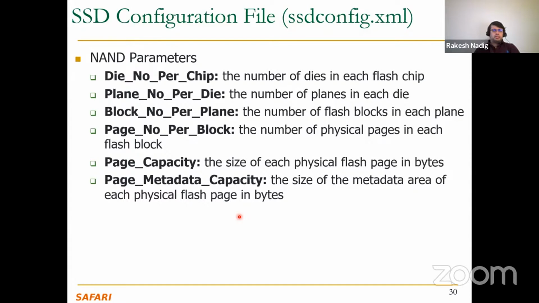Metadata capacity refers to the small area in every page which stores metadata, like the logical address of the page, a signature, and many things that are required by the FTL to identify the page. So this is stored in a small area within the page called metadata.